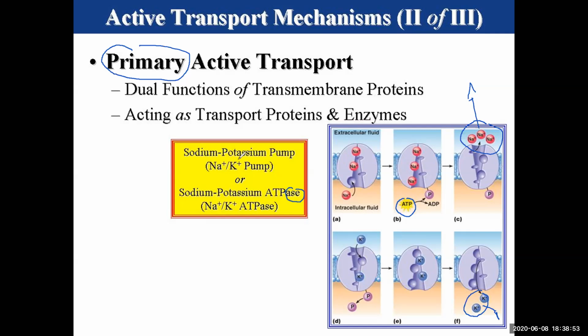And again, the sodium potassium pump is an example of a transmembrane protein. Another type of transmembrane protein, right? So the protein is located specifically at the cell membrane.